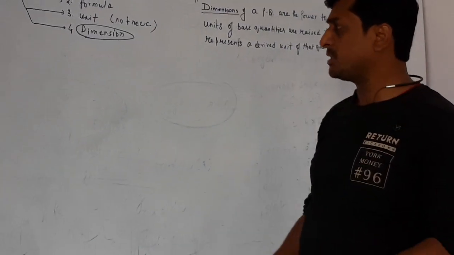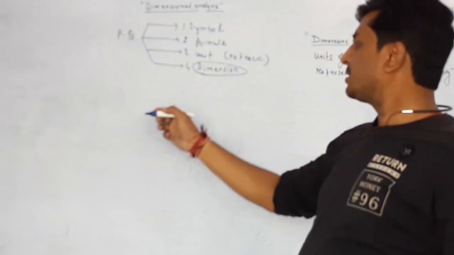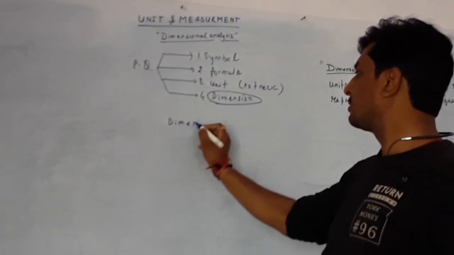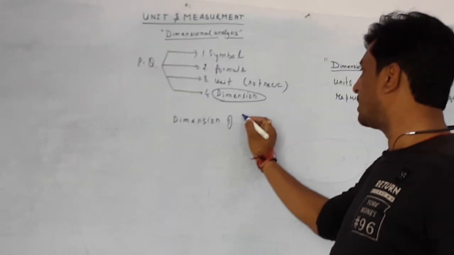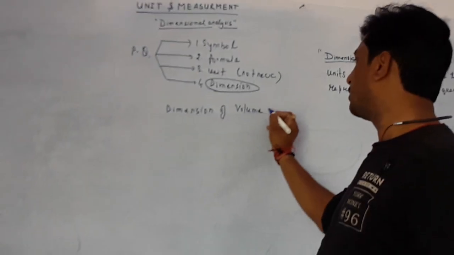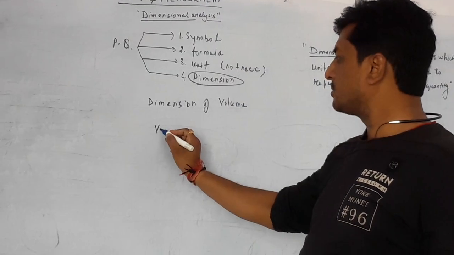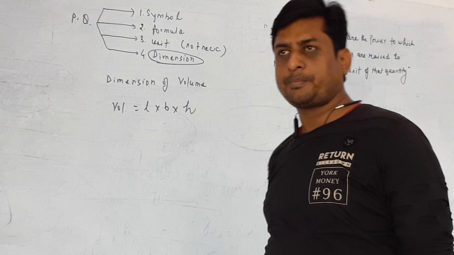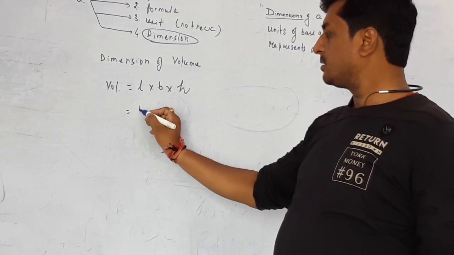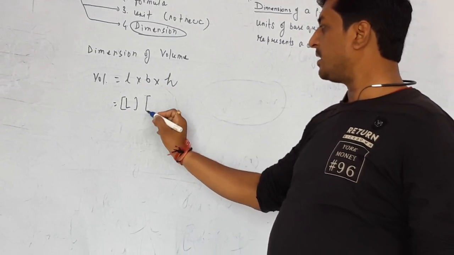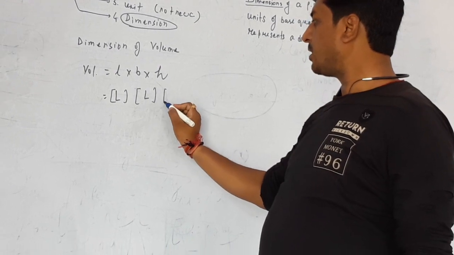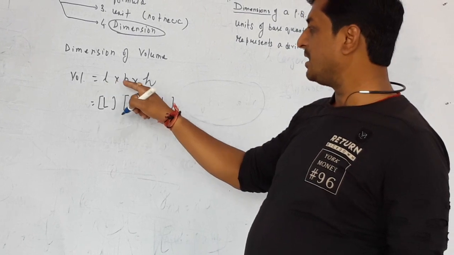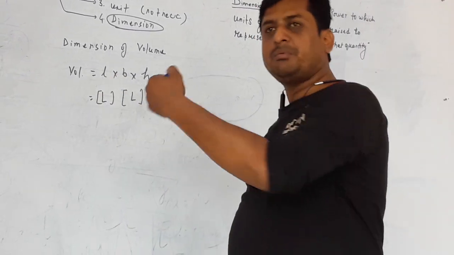What does this mean? For example, suppose that you want to calculate the dimension of a physical quantity like volume. You all know that volume is length into breadth into height. For length, capital L. For breadth, capital L. For height, capital L. Because all the measurements of length, whether breadth or height, will be in meters only.